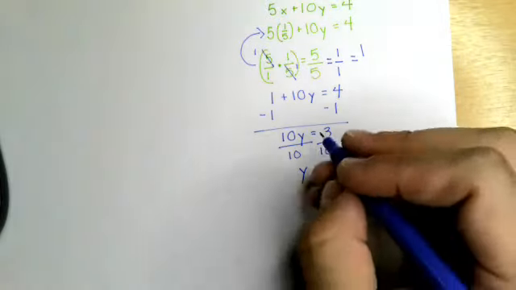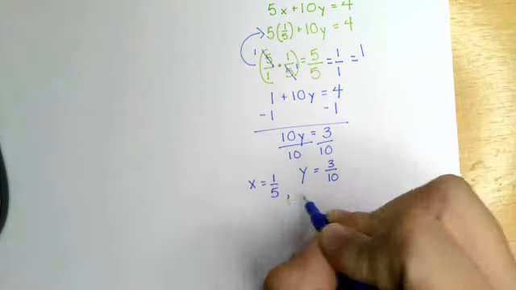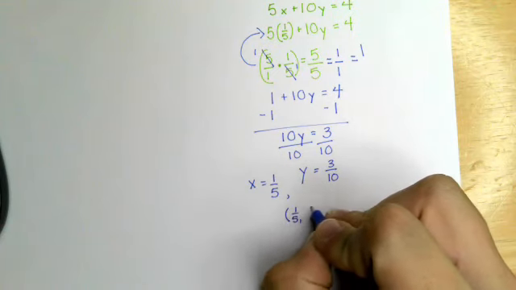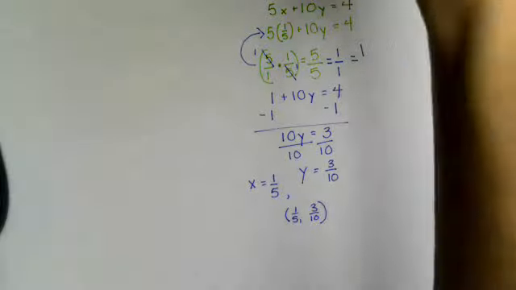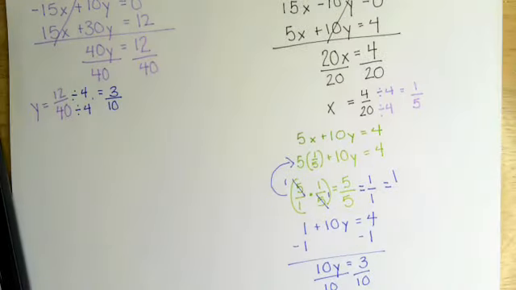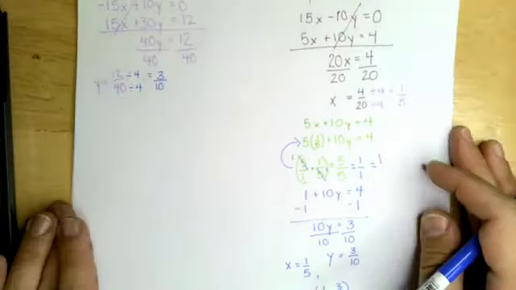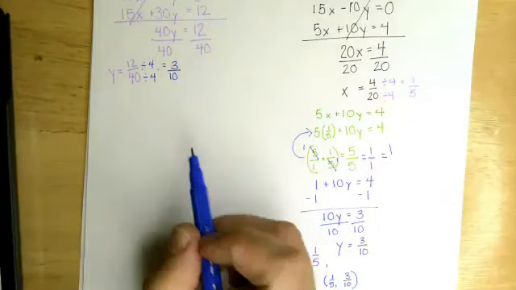So when x equals 1/5, y equals 3/10. So my point is (1/5, 3/10). And it ends up that that is true. That is what we got over here, right? We got y equals 3/10 over here.